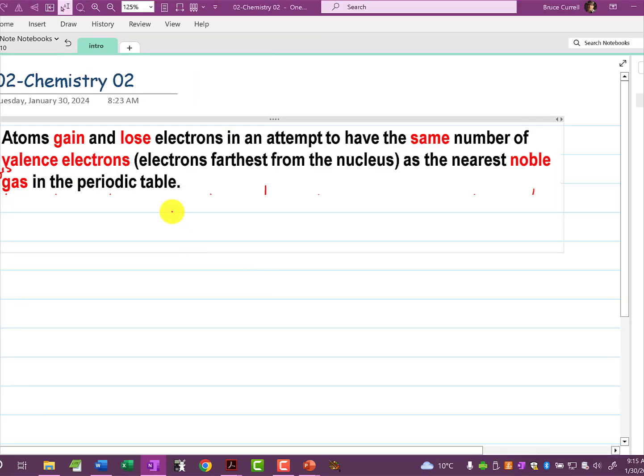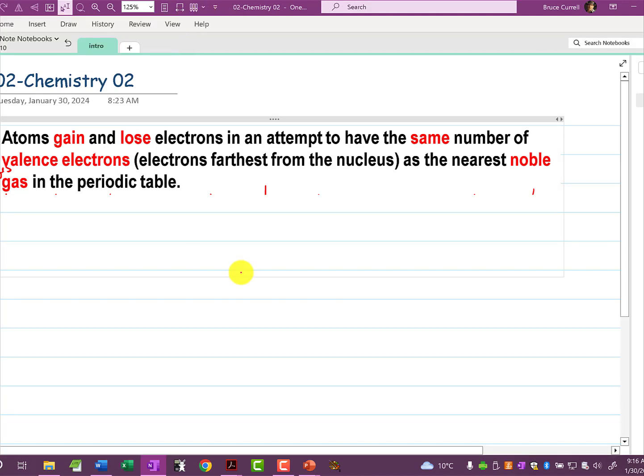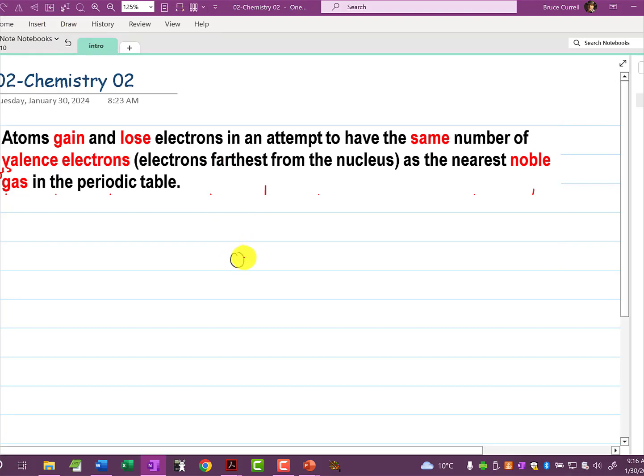So if we have an atom, and we have oxygen, sorry, let's go back. We have oxygen. Oxygen has 8 protons and it has 8 neutrons.